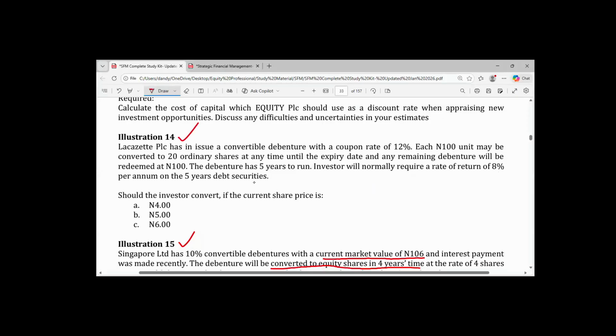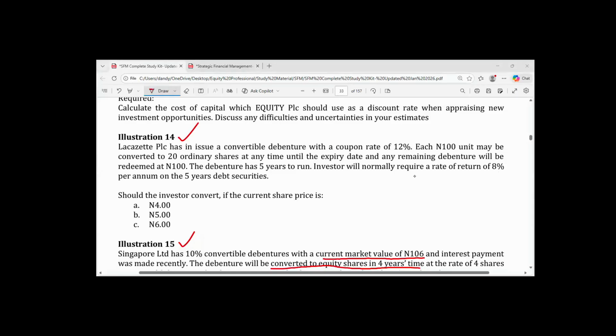Illustration 14. Lacassetti PLC has an issue, a convertible debenture with a coupon rate of 12%.